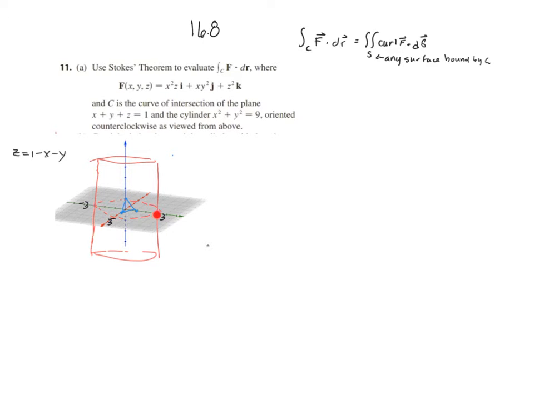So for instance, when y is 3 and x is 0, I get 1 minus 3 is negative 2, so that means we would be 2 units down here, like so. And when x is 3 and y is 0, again we'd be 2 units down from here, like so.